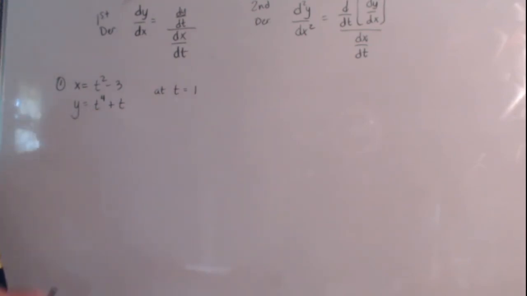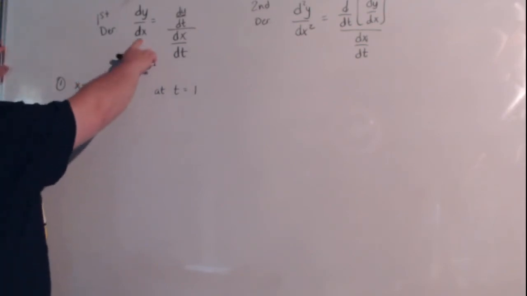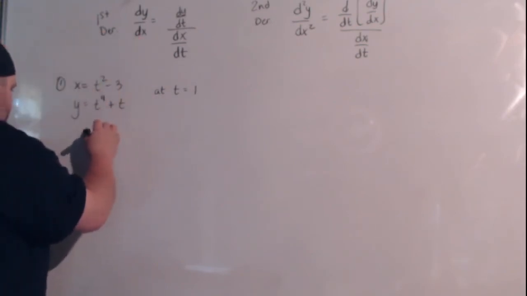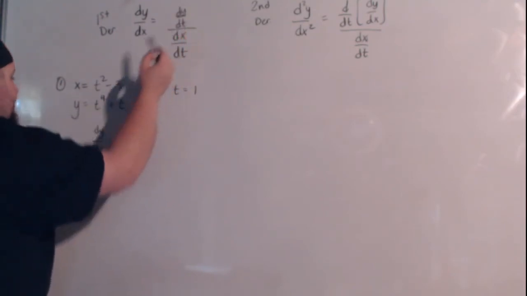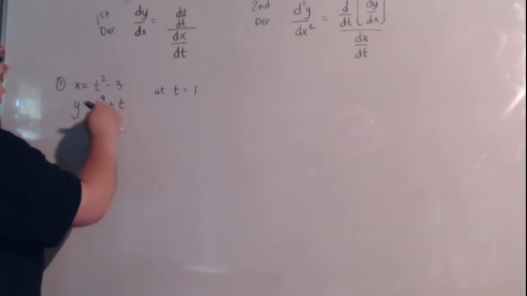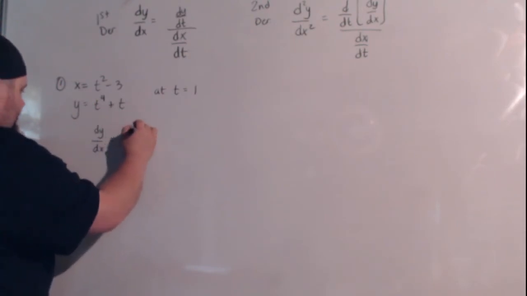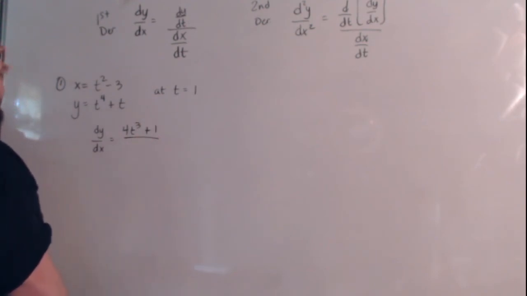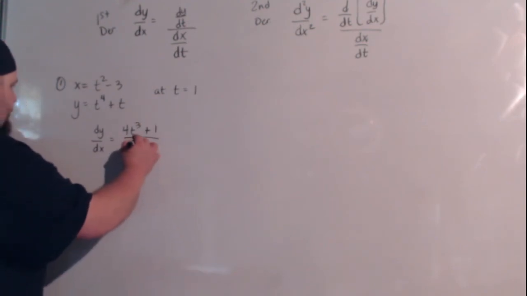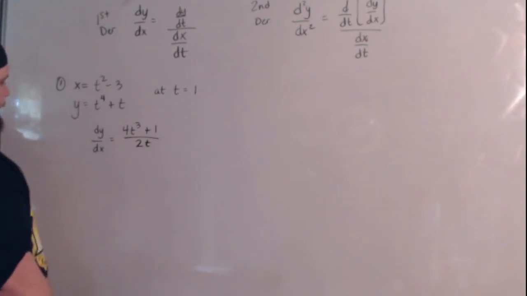See what happens. All right, so we've got to find the first derivative. So dy/dx is equal to dy/dt over dx/dt. The derivative of y here is 4t cubed plus 1, and the derivative of x with respect to t is 2t.